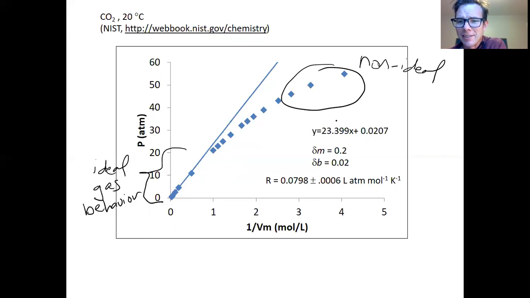They are non-ideal, okay? I would predict that gases would exhibit a much higher pressure than they in fact do. So the question is why? Why aren't gases ideal? And I'm going to leave it here.